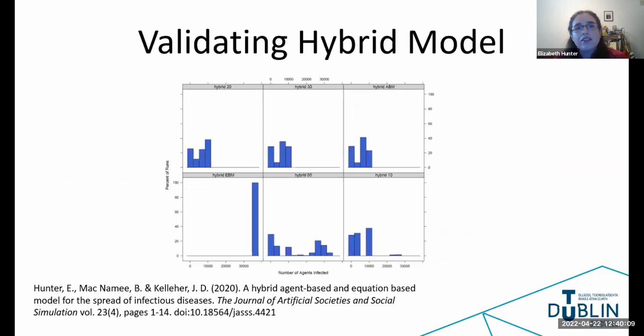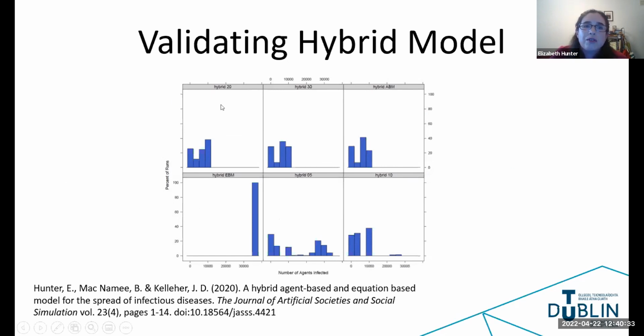But if we look at switching at the town level, again, the bottom left is the fully equation-based model. So agents are still moving with the agent-based component, but the disease component is always equation-based. And then the top right is the fully agent-based model, so we never switch to an equation-based model. And here we see that we do start to move towards that hybrid distribution.